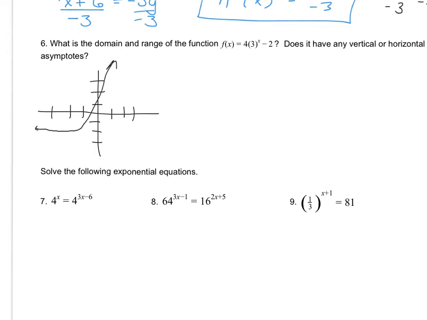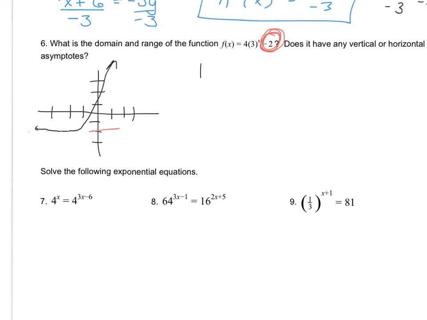The important part is you see where it flattens out. In this case, the graph should flatten out somewhere down here around negative 2. And I know that because everything that's important about the domain, range, and asymptotes always is about this number that is added or subtracted at the end of the exponential.